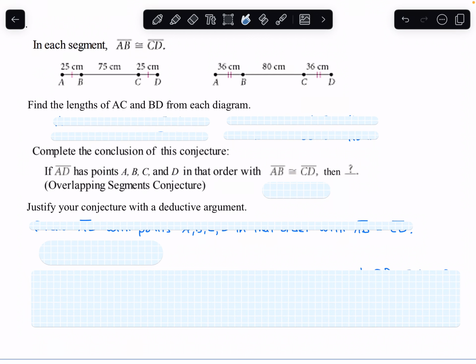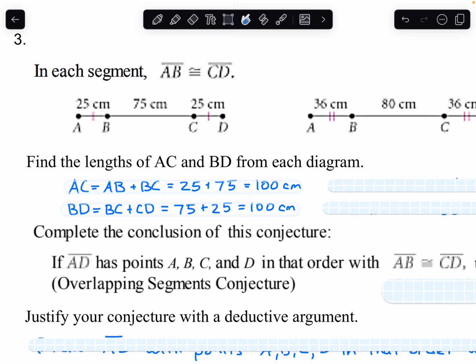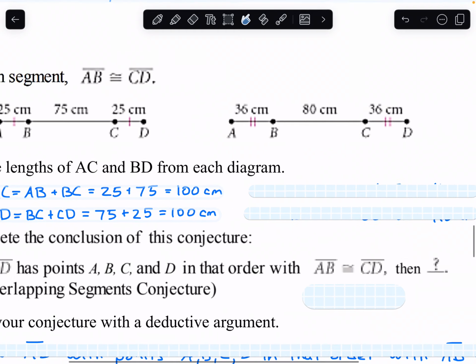Welcome back. Let's compare answers. For the left side diagram, the length AC we can see will be composed of the length from A to B plus the length from B to C, so that's 25 plus 75 is 100. BD is BC plus CD, and that will be 75 plus 25, also 100 centimeters.